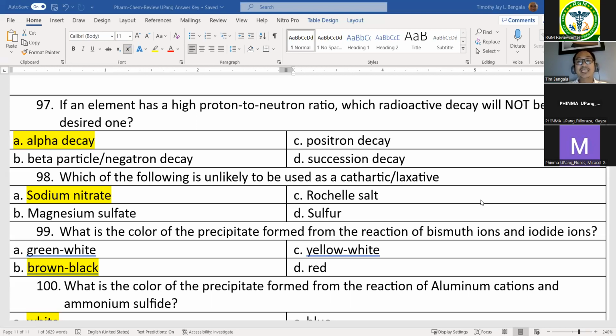Ginagamit talaga siya for cathartic. So, ang unlikely kasi yung tanong. So, kaya ang gusto kong maalala ninyo, yung mga ginagamit na laxative, sila yung hindi nag-dissolve. They would have the lower solubility. Nadiscuss natin, nitrate salts ng group 1 ay soluble. So, kaya hindi talaga sila pwedeng gamitin laxative.